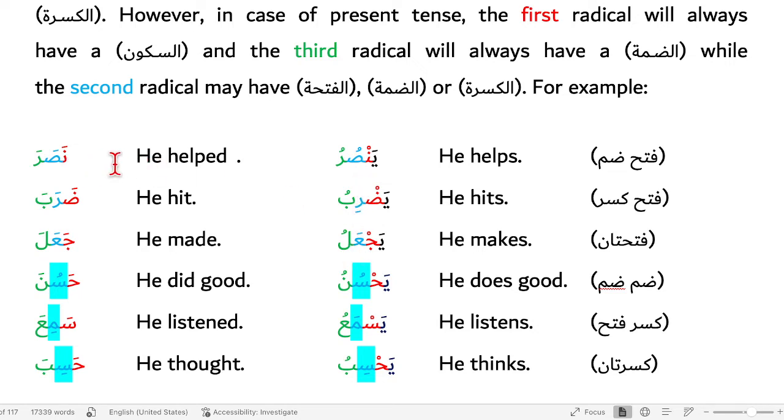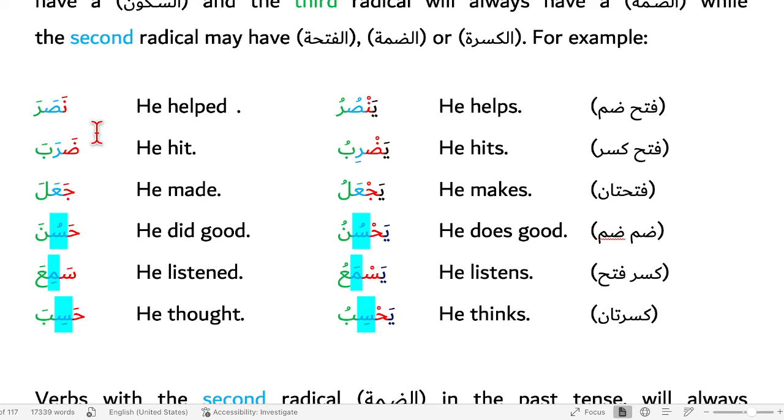In that case we said that the middle one will change. So the first and the third are just the standard, but the middle one is changing and can have a different haraka. So yazribu is having kasra here, yaj'alu is having a fatha here, yakhsunu is having a dhamma here, fatha and kasra.